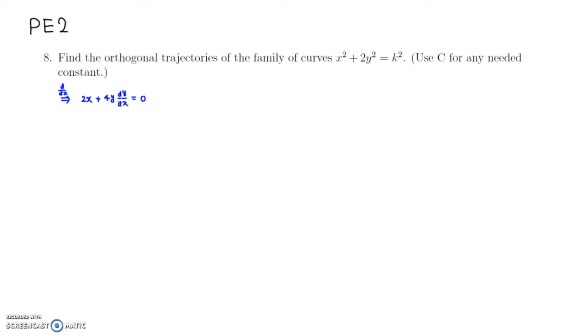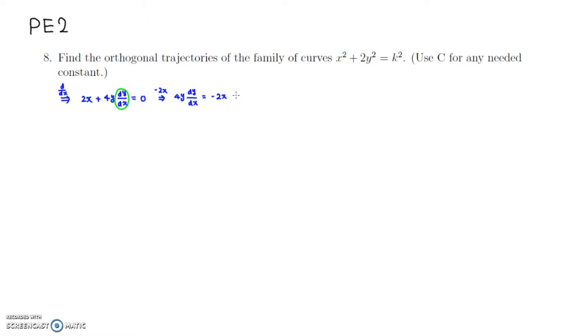Since we're interested in the slope, we have to find dy over dx, so I'm going to isolate that. First, I get rid of 2x by subtracting 2x, so we get 4y dy over dx equals negative 2x.